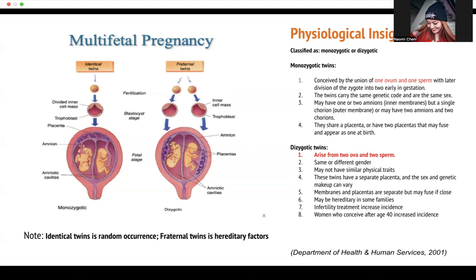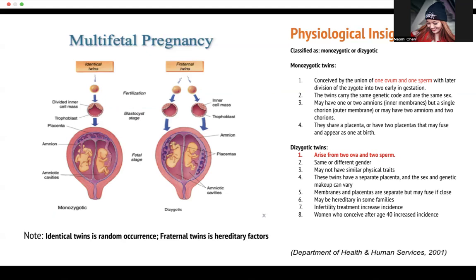Let's talk about the physiology of identical twins and fraternal twins. They are classified as monozygotic or dizygotic. Monozygotic twins, also called identical twins, are conceived by the union of one ovum and one sperm, with later division of the zygote into 2 early in gestation.